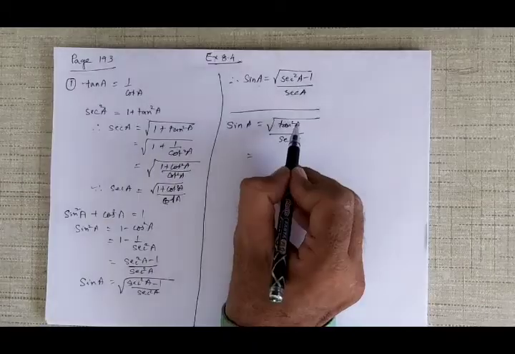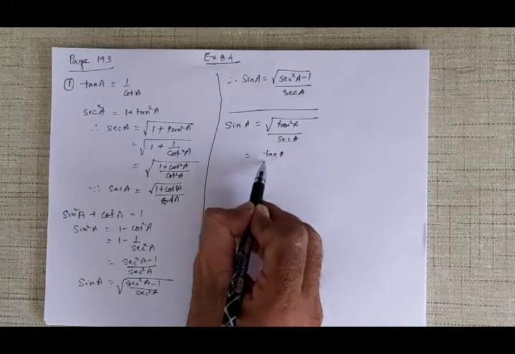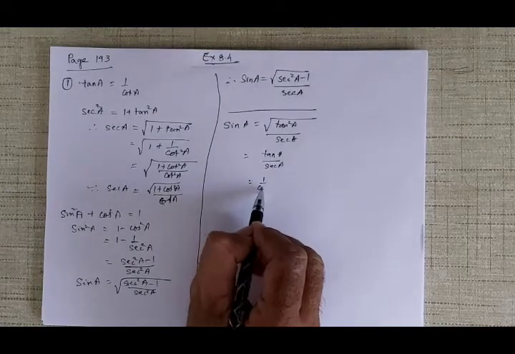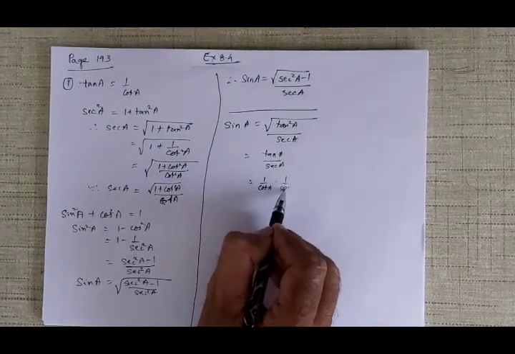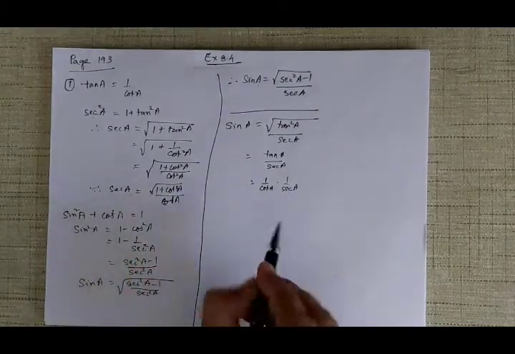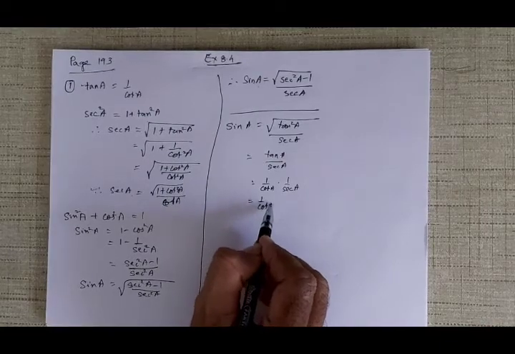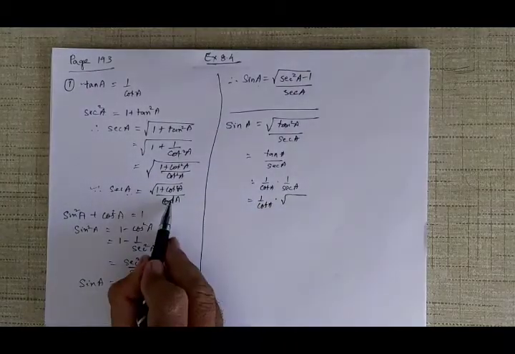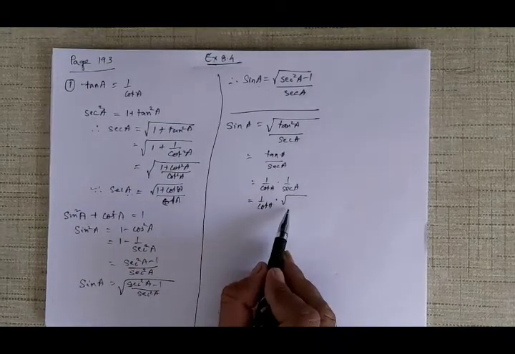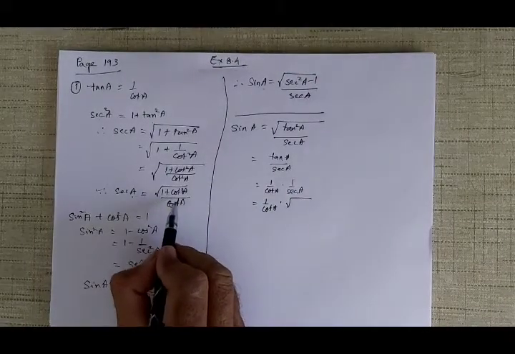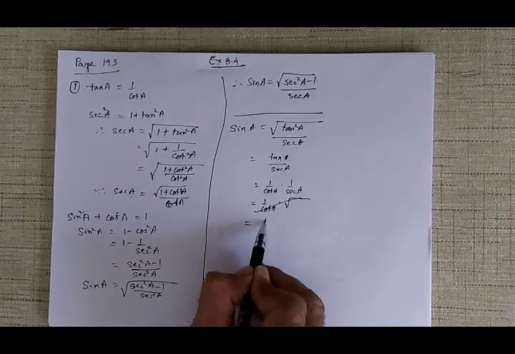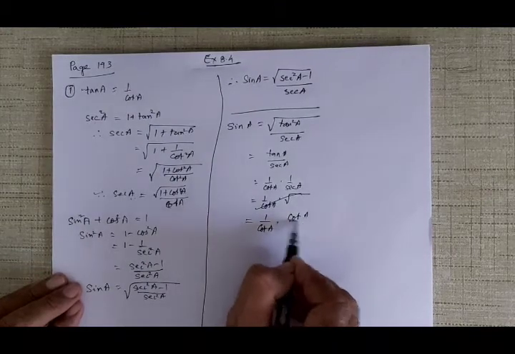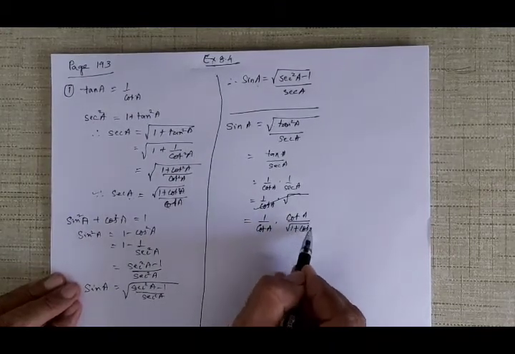Now tan square A root, that is tan A upon sec A. Okay, now tan is reciprocal of cot, so 1 upon cot A into sec A. Now sec A we have already written here, so 1 upon cot A into reciprocal of this, cot A upon square root of 1 plus cot square A.